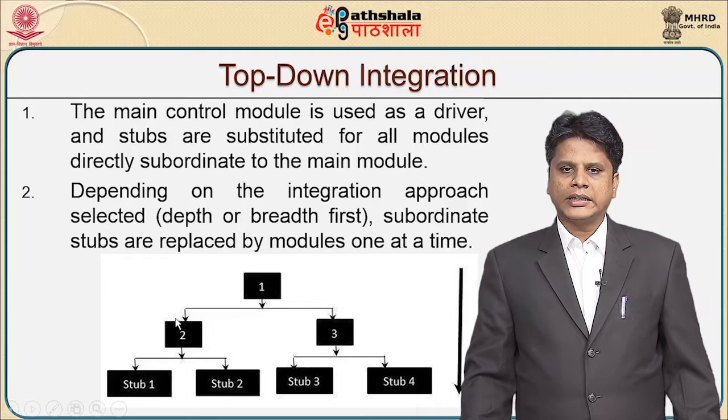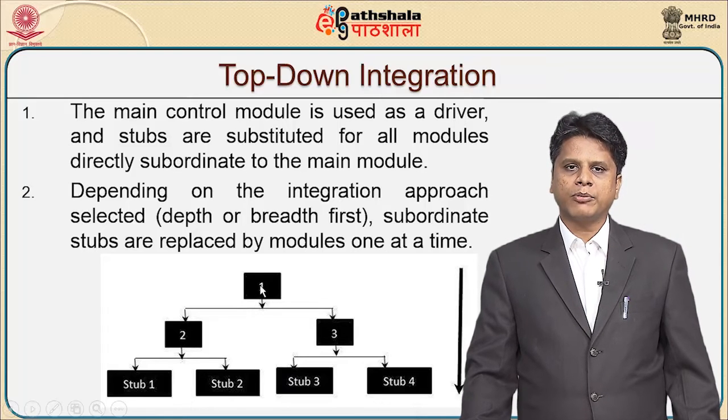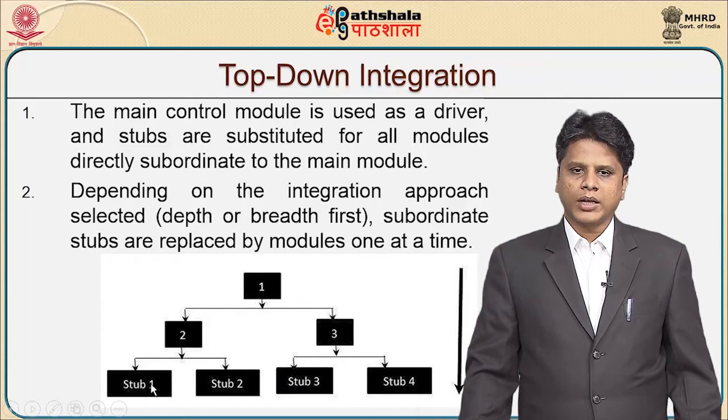So, 2 and 3 are direct subordinates to 1, whereas stubs 2.1 and 2.2 are direct subordinates to 2, or it can be a subordinate to 1.